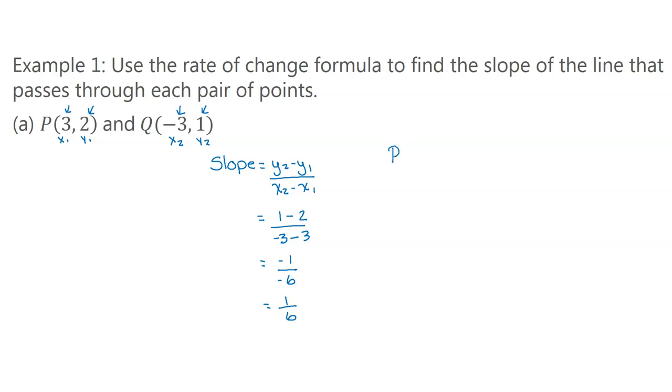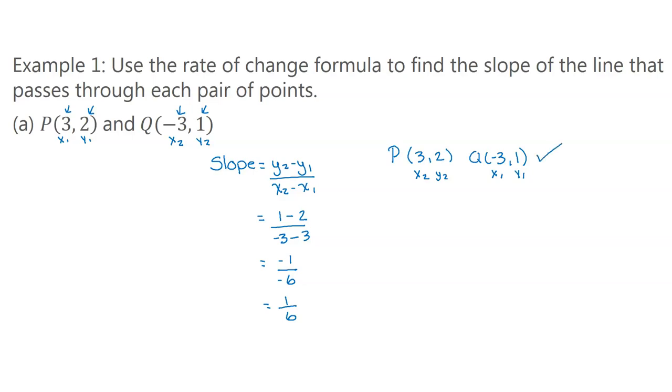Now if we just look at points P and Q again for a second, you may have noticed that I labeled the first point as x1, y1, but you could have labeled Q as x1, y1, and P as x2, y2. If you use the slope formula using these points, you'll see that you get the same answer.